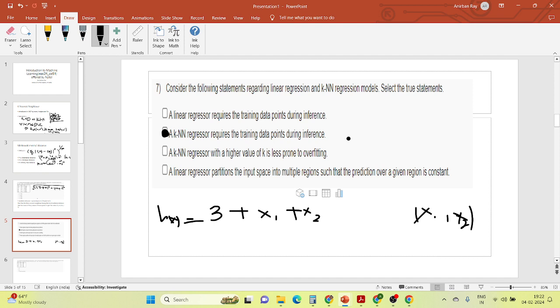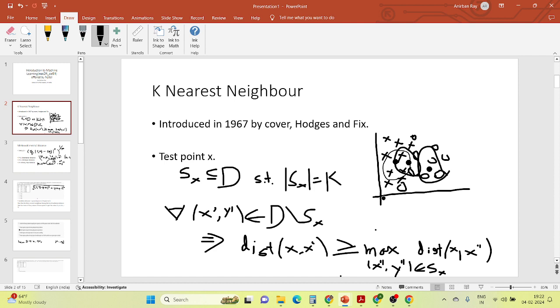So the next one: as you take more points into consideration, it does not overfit. If you take a small number of points, let's go to our previous example. Suppose here is the point, with k equal to 1.